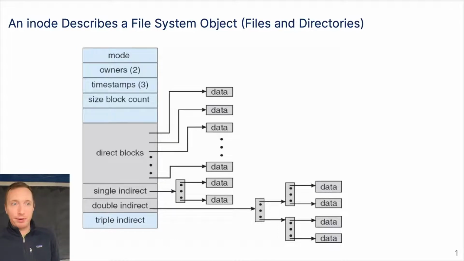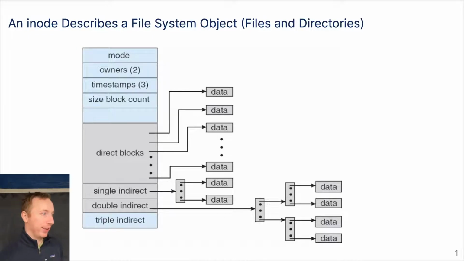Otherwise, how much internal fragmentation would we have if we had an 8-character file? Right, it'd be 8 kilobytes minus 8 bytes; we'd be pretty much wasting 8 kilobytes. And the maximum length of a file name in a directory is 255 characters. That is your limit on Linux. So there are limits to everything.